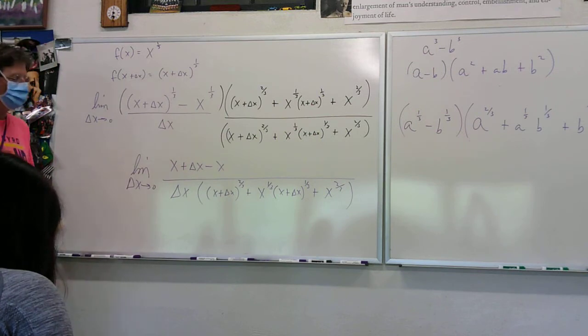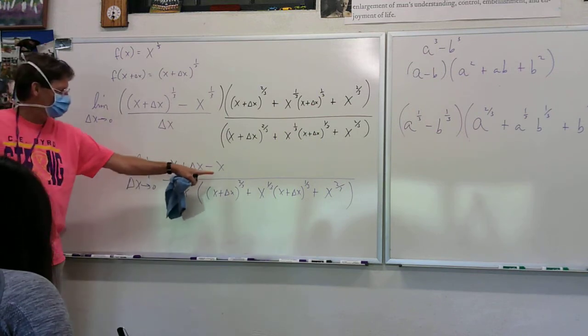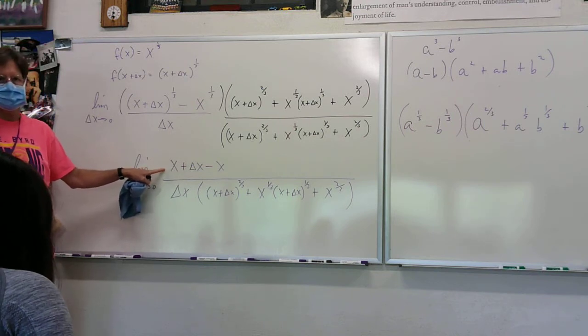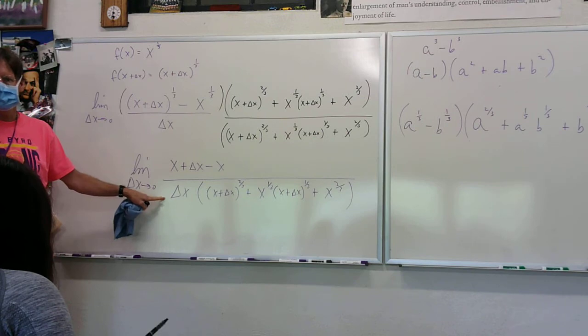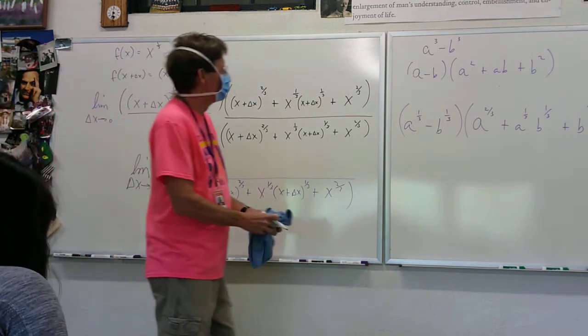And look what magically just happened. What's the only thing we have left here? And then that delta x and this delta x are about to do what? Divide out.